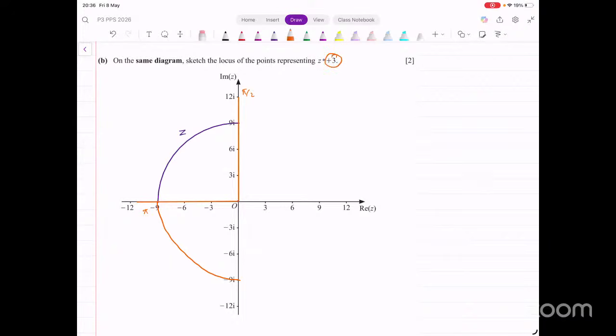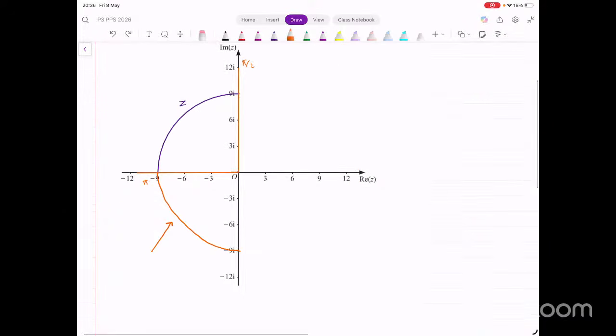The horizontal axis represents the real part. So this graph is going to move 3 units to the right. The real part is going to increase by 3 units, so this curve is going to shift to the right by 3 units.